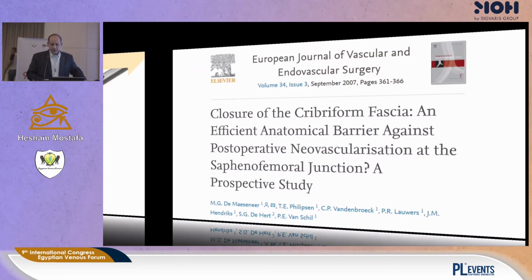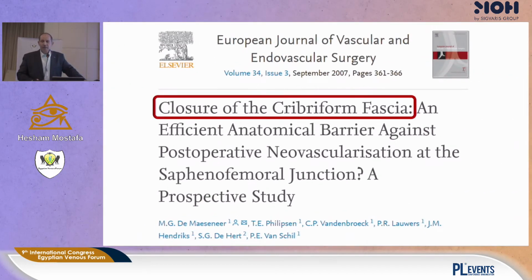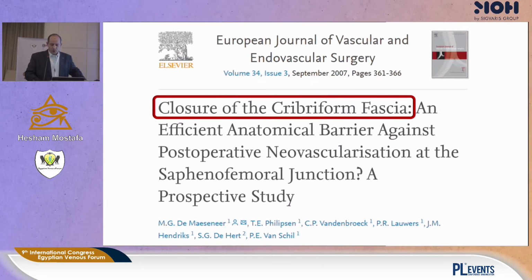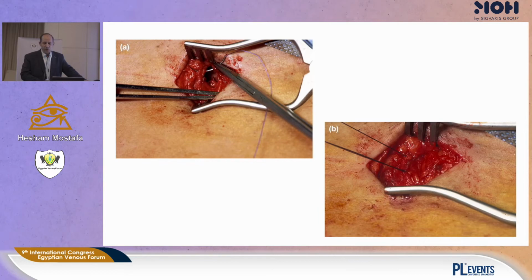Another point to avoid recurrence, which has been published in the last few years, is to insist on closing the cribriform fascia, which is the defect where the great saphenous penetrates the fascia lata to go to the femoral vein, whether by using foreign material which is almost inert, such as a silicone patch, or even by closing it directly.